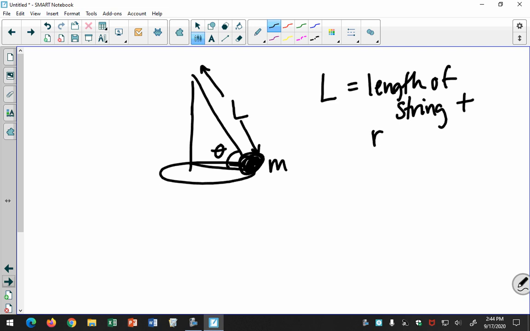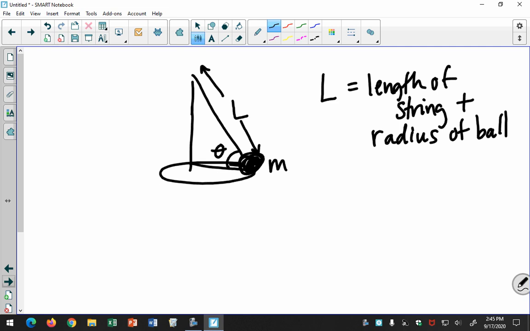If you have a large ball, our ball is not huge, but the radius makes a difference. In other words, it's the entire length, the entire hypotenuse of that triangle there. Okay, so you need to know length and you need to know mass.